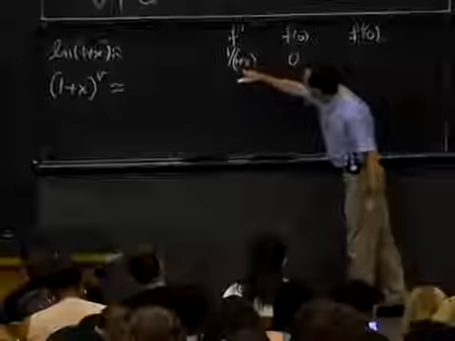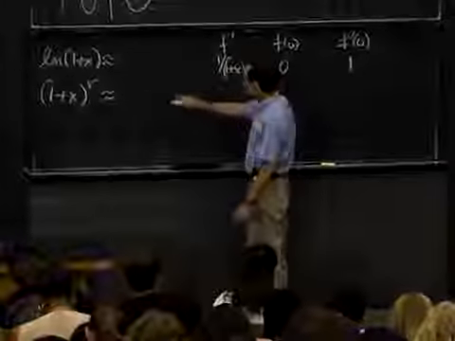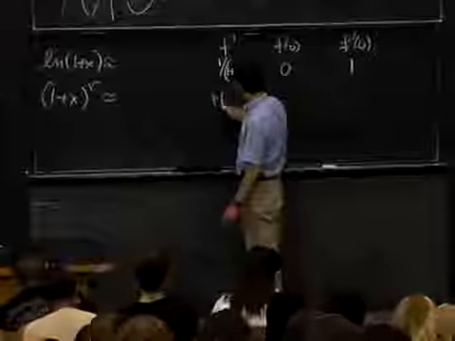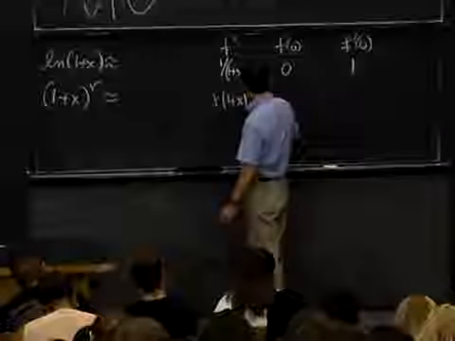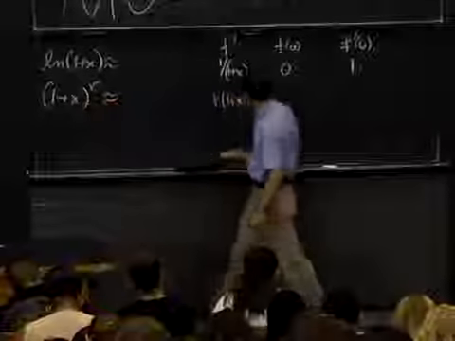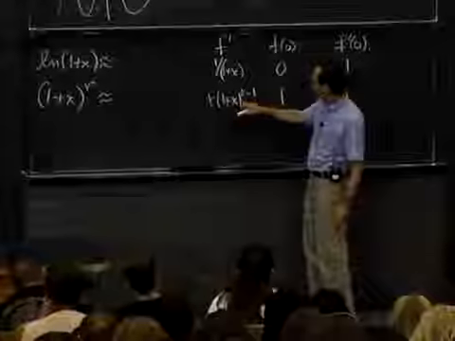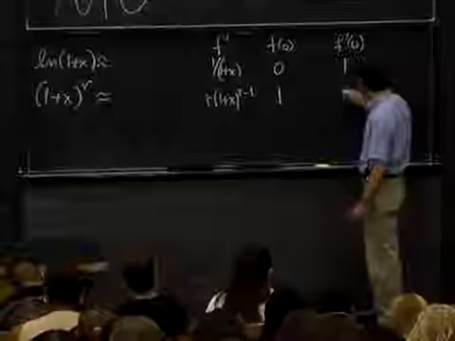And f prime, if I plug in 0 here, I get 1. And similarly, if I do it for this one, I get r times 1 plus x to the r minus 1. And when I plug in, f of 0 is 1 to the r, which is 1. And here I get r times 1 to the r minus 1, which is r.